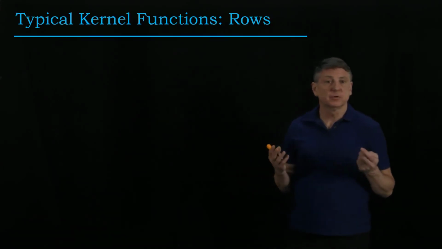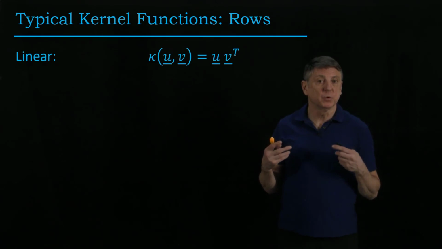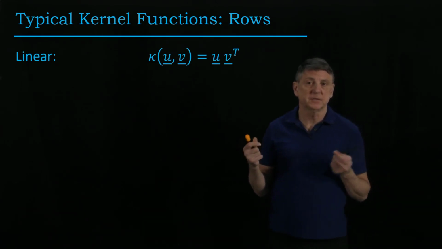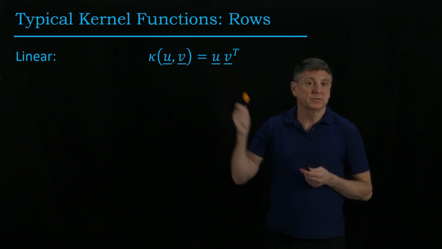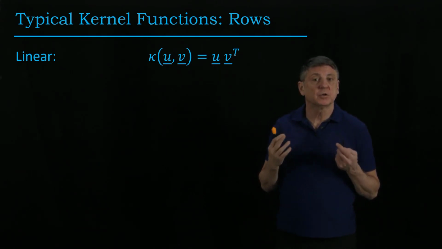Now you're probably wondering, perfectly reasonably, what are some kernel functions? Well, there's an infinite number, but in data analysis we see a handful that are frequently used. So typical kernel functions, we'll define them in terms of rows, but they can also be defined in terms of vectors. If we have a pair of observations and we just take the inner product of those observations, that's called a linear kernel.